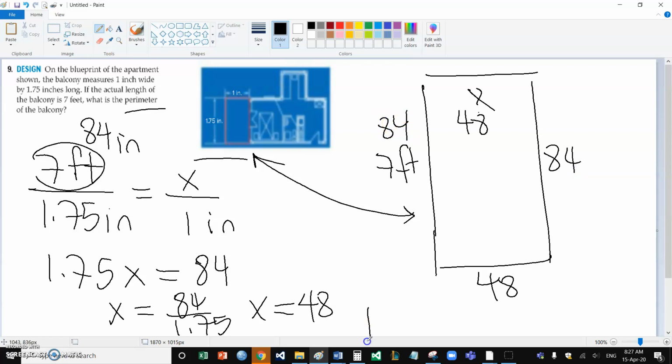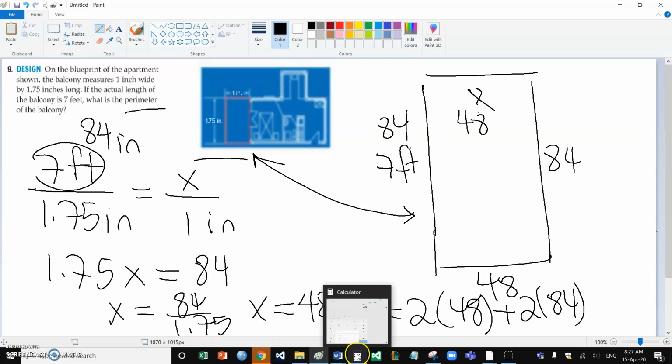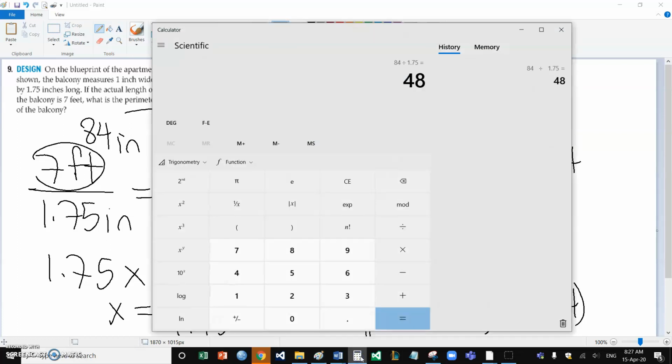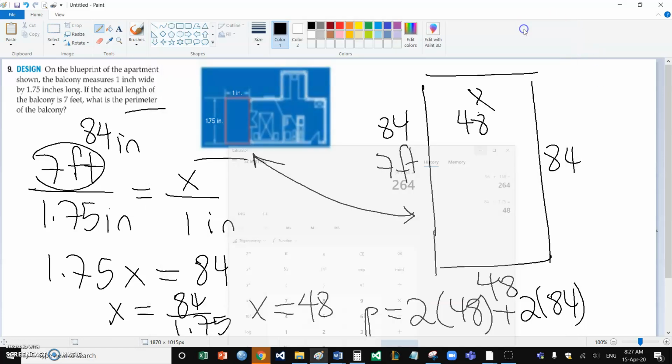So to find the perimeter, we just add all sides. So it's 2 times 48 plus 2 times 84. And that will give us 2 times 48 is 96, plus 2 times 84 is 168, which is 264.